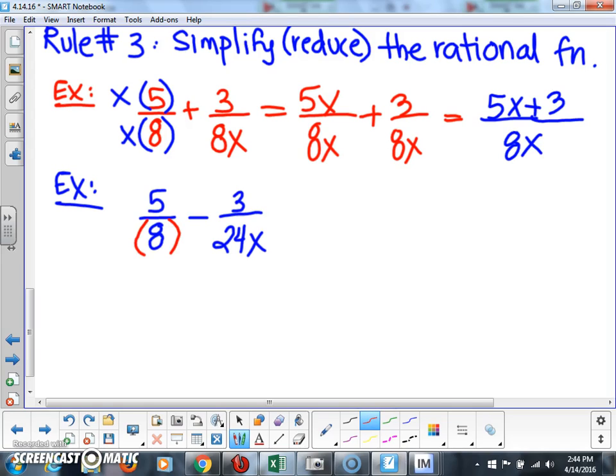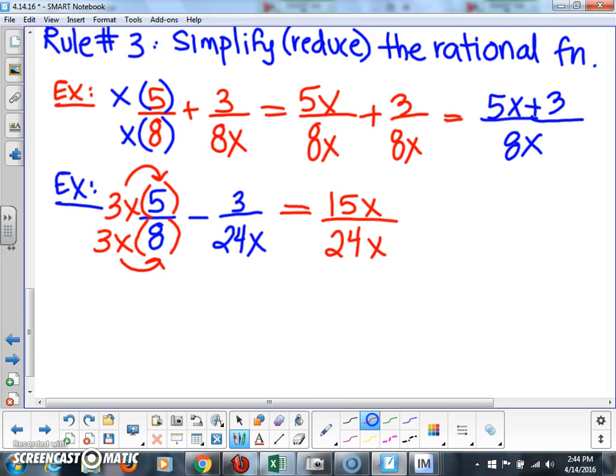You're going to multiply one side by 3x, the numerator and the denominator. 8 times 3 is 24x, right? So now I'm going to have the same denominator. What is 3x times 5? 15x, good. What is 3x times 8? 24x.